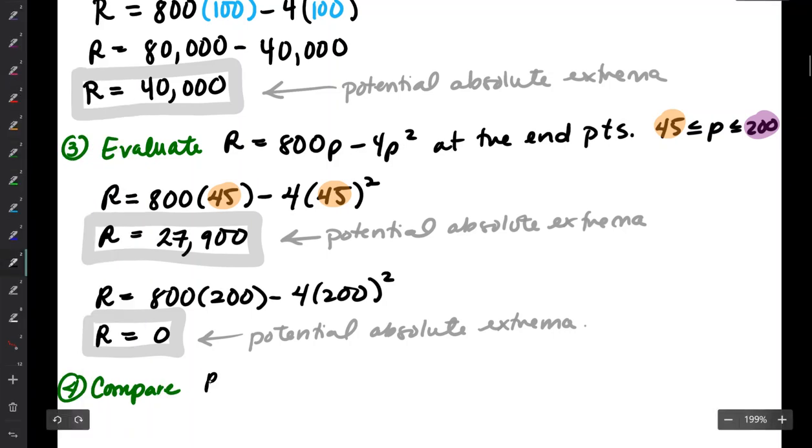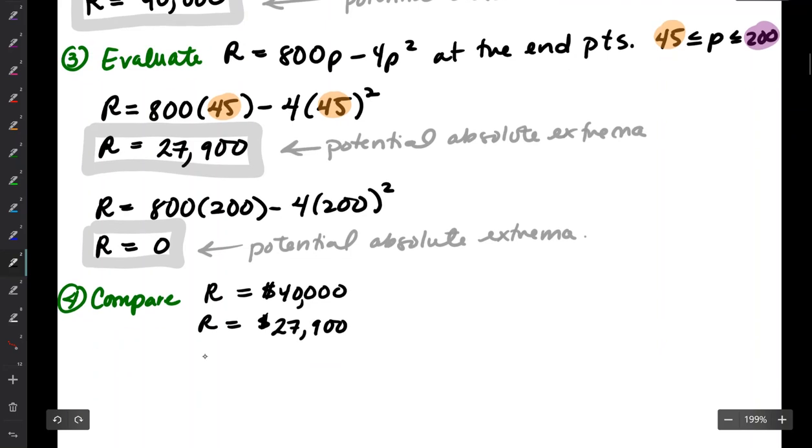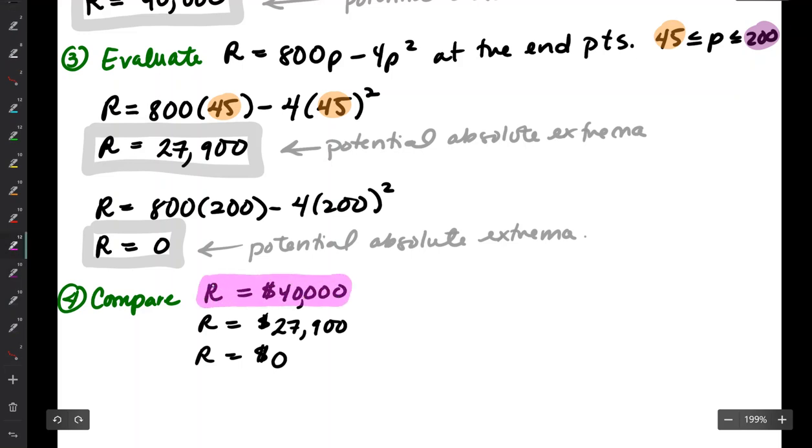So we've got that R is 40,000, R is 27,900, and R is no money. The biggest y value here is the absolute max, 40,000. The smallest y value is the absolute min, and this is a nice model.